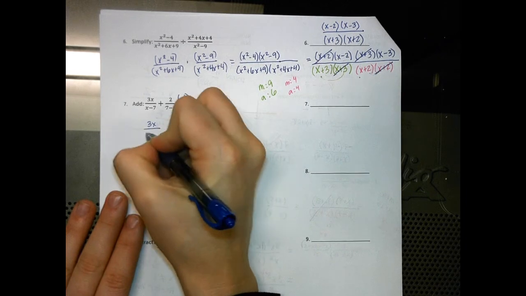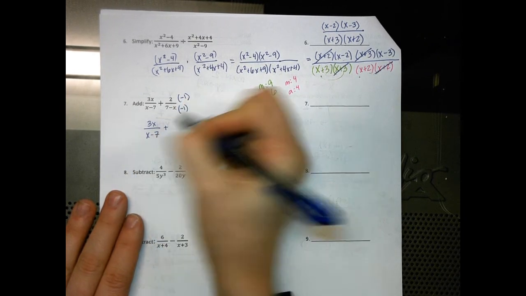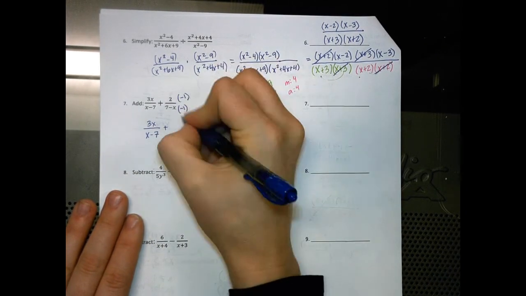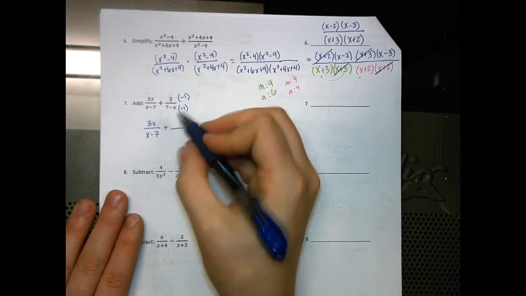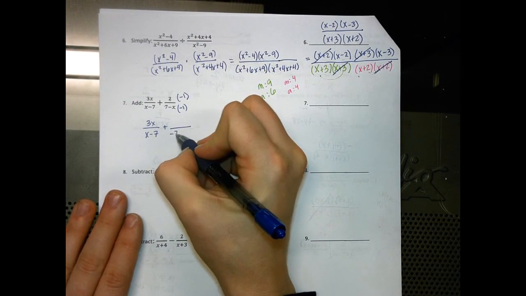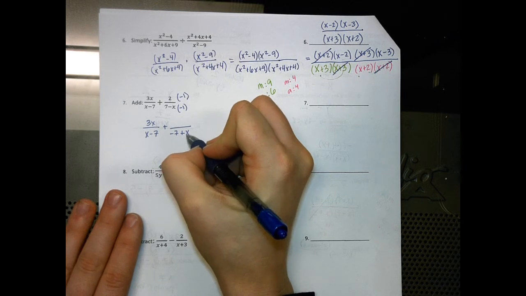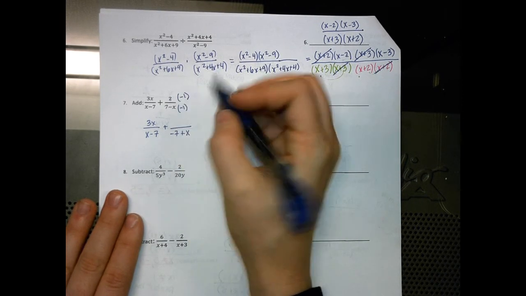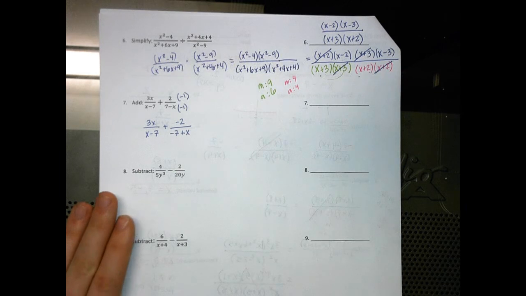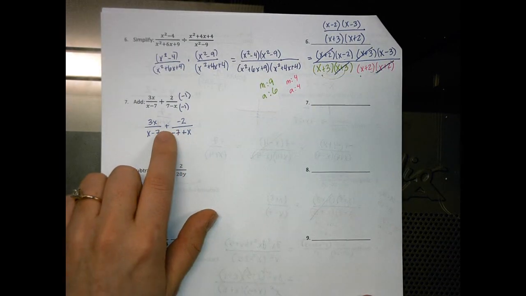We haven't changed our first fraction yet, but if I distribute that negative 1 to my denominator, I get negative 7 plus x, and then multiplying my numerator by -1, I would get -2. Are my denominators the same now? Yes.